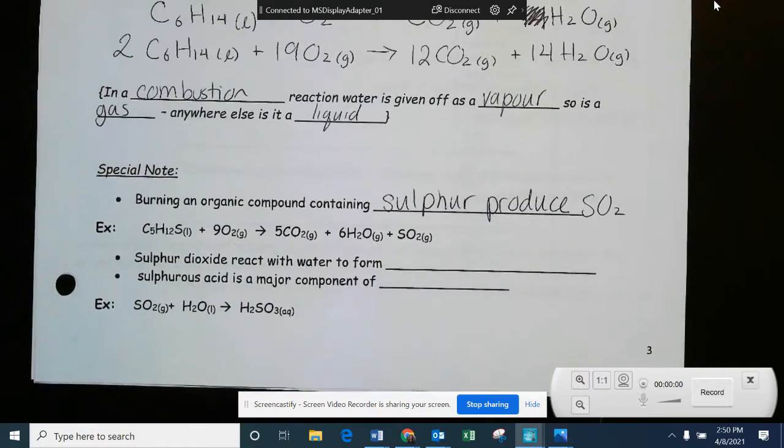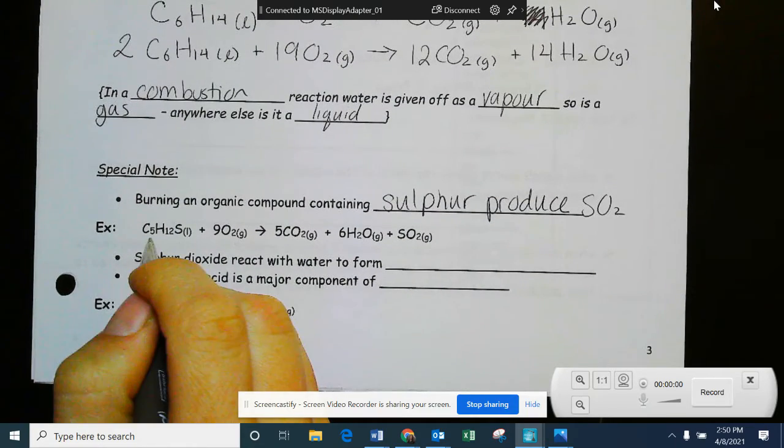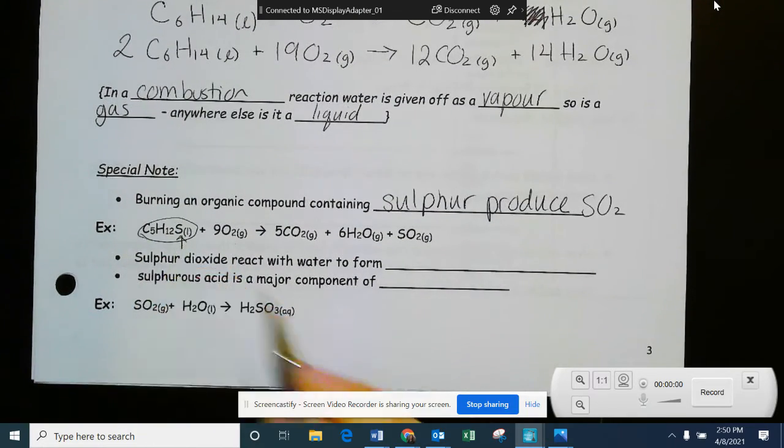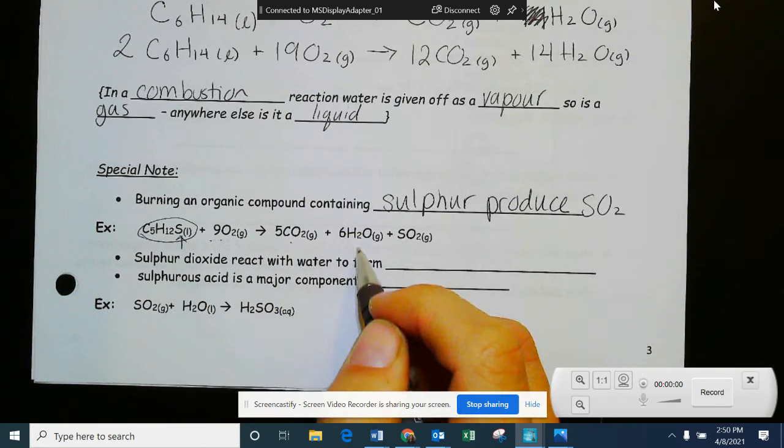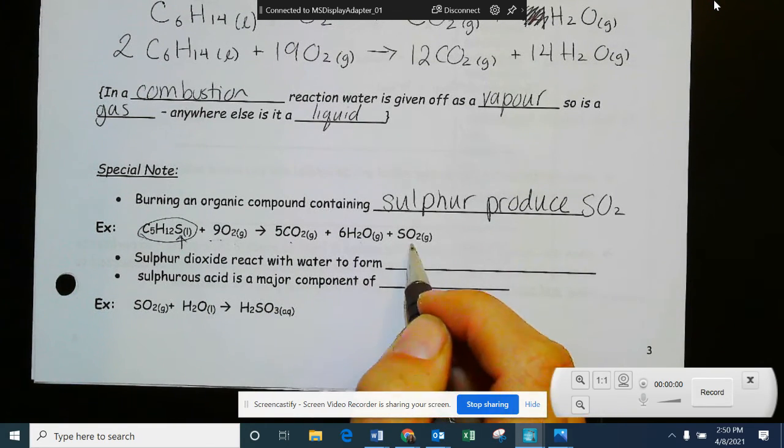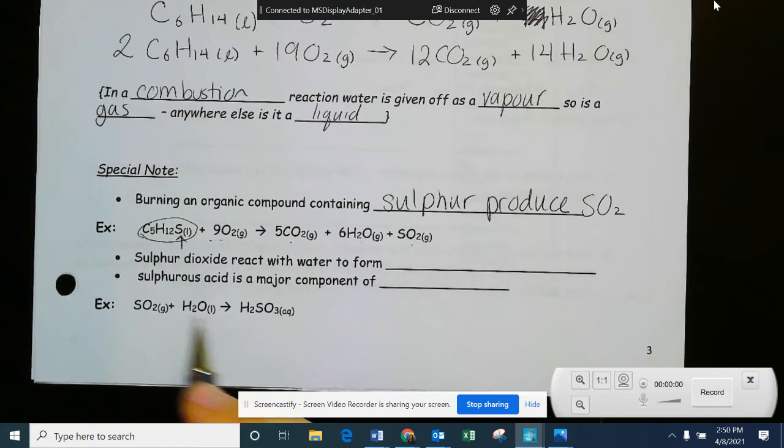So for example, here's a hydrocarbon that contains sulfur. It reacts with oxygen and it makes carbon dioxide, water, and SO2. So just note, if your hydrocarbon has a sulfur in it, you are going to see that.